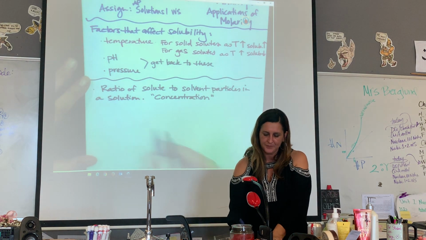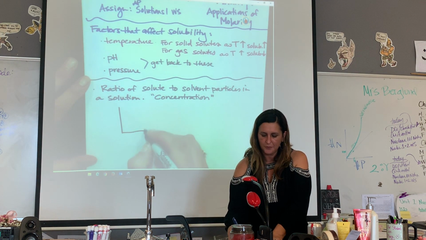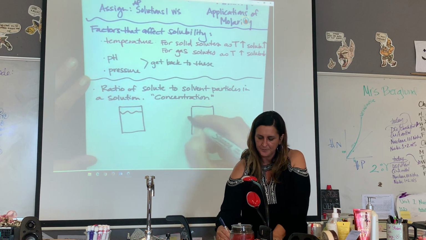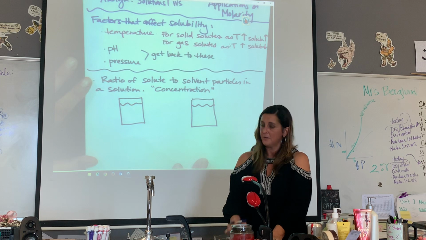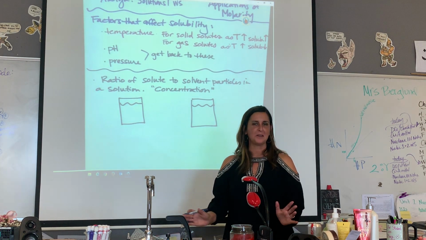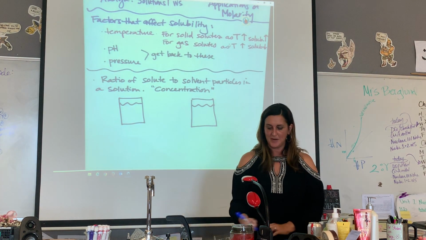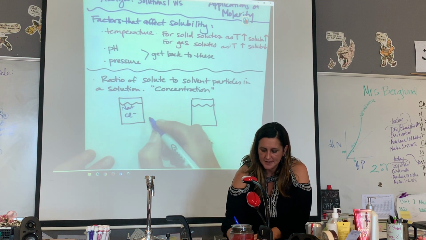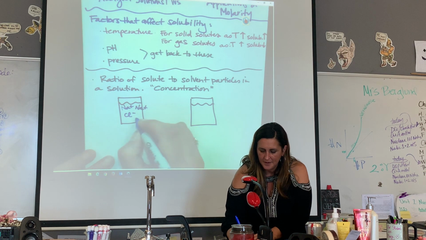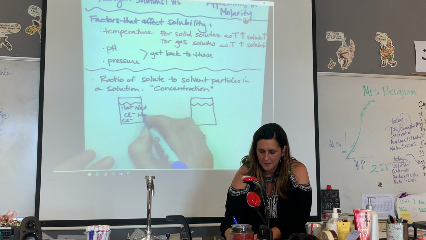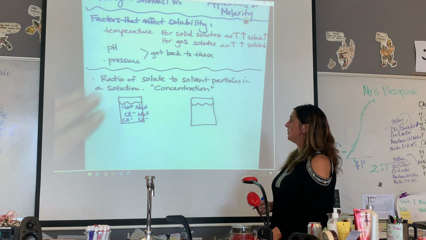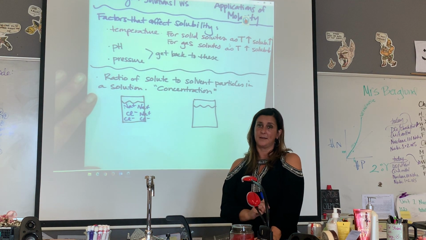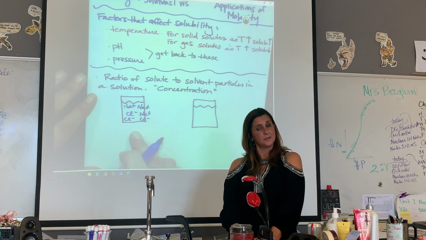Okay, so let's say, for example, we have two solutions, and those are supposed to be relatively the same size. And in this solution, we have sodium chloride dissolved, and we've got 3 moles of sodium chloride. That's indicated with 3 sodiums and 3 chlorines. So that's in this solution.